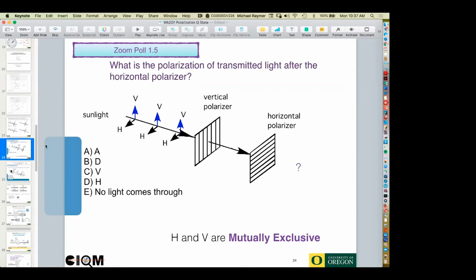Dr. Raymer, before we move on, there's a question in the chat. Do you want to read it? Sure. Why do we talk about slots when the wires are really doing the work of the polarization? The reason that I introduced the slots was because the book was written for more of a popular audience, and I didn't want to distract the readers with the details of the physics inside of the polarizer.